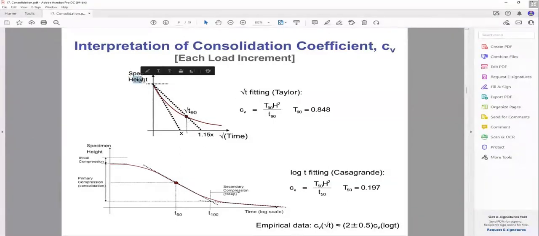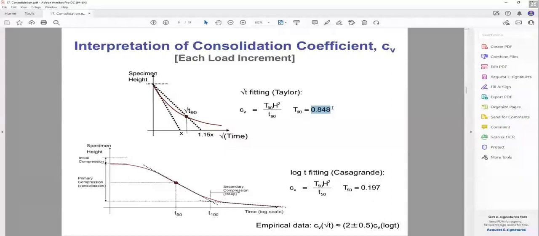This is specimen height versus the root of time, which gives you root t90. Such that the coefficient of consolidation CV is T90 times h squared over t90, where T90 is 0.848.